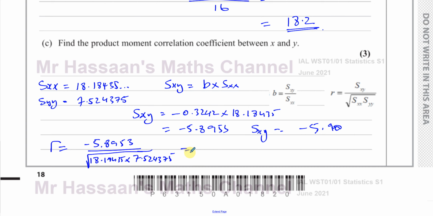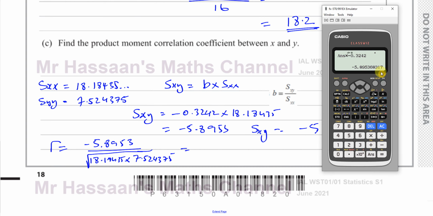So if I put that into my calculator, I have this value here, which is what we just found there, divided by, and I'm going to put in brackets the square root of 18.18435, multiplied by 7.524375. Close that bracket there.